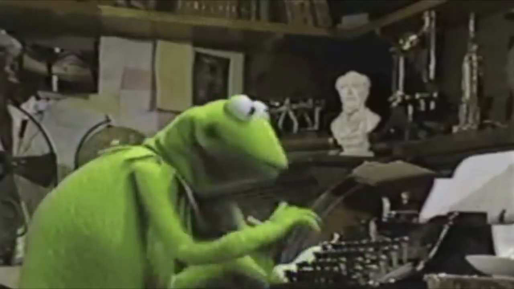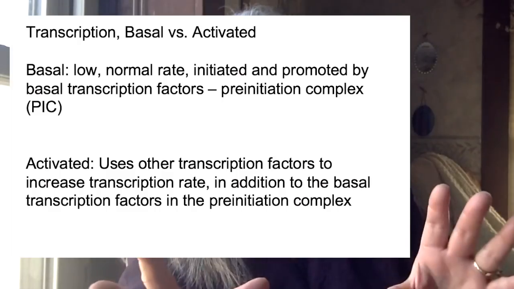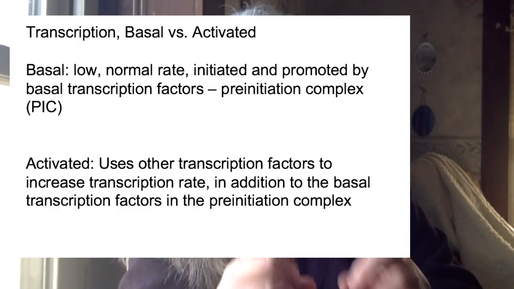That is much more complex, and we're going to talk about the regulation of this transcription later on. We're going to talk about a lot more transcription factors in the next lecture. But for now, we're going to talk about something that's called basal transcription. And this is the non-activated type of transcription that happens. In activated transcription, that means a specific thing.